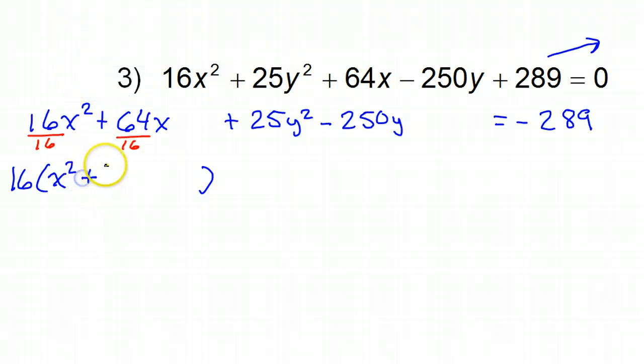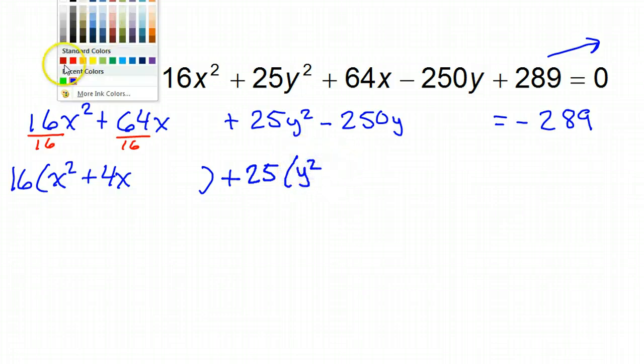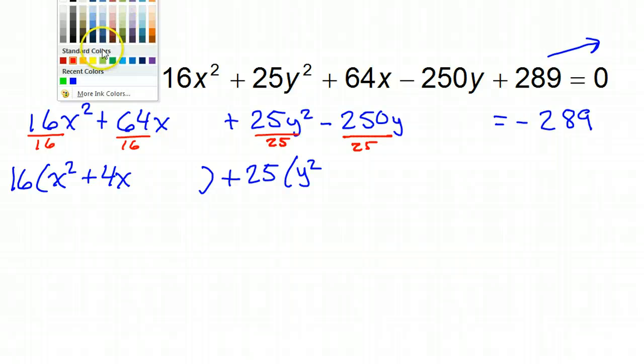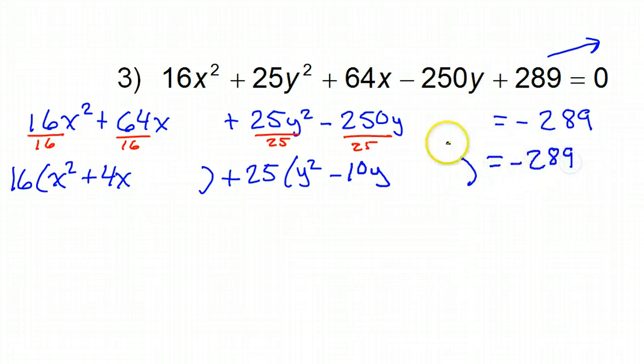So this will be plus 4x. Same thing here, let's factor out the 25. That's going to leave y squared, and once again, I'm dividing by 25 really. So that's going to leave 10. So we'll have minus 10y is equal to negative 289.